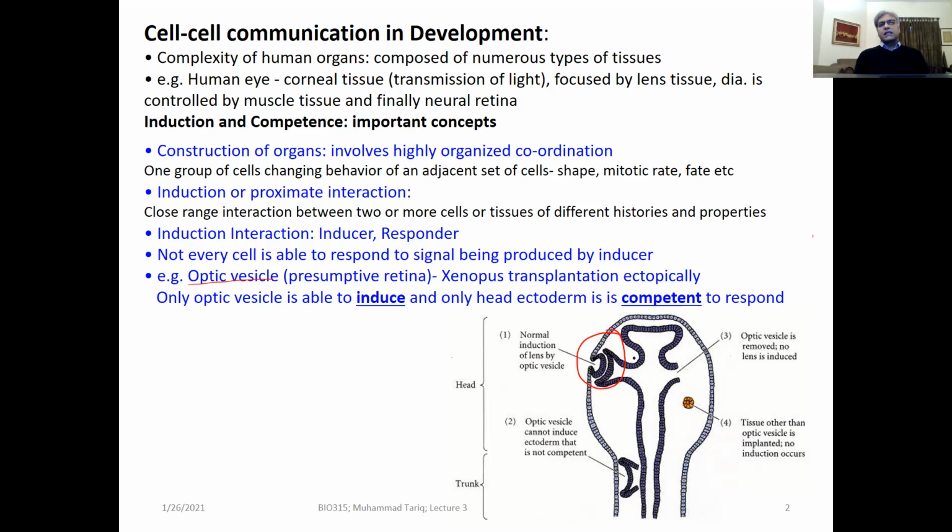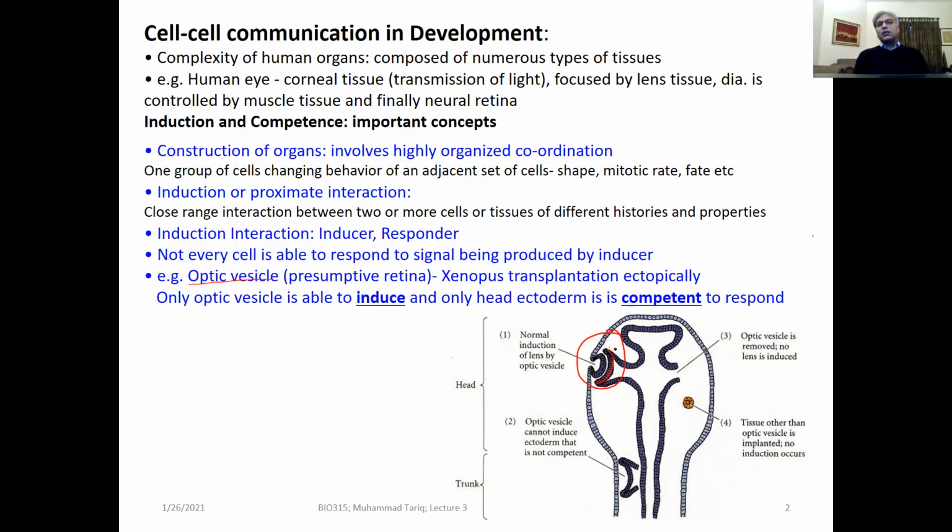So this one is the optic vesicle in Xenopus. Now, this optic vesicle is going to make the cell fate retina. So it's presumptive retina in Xenopus.